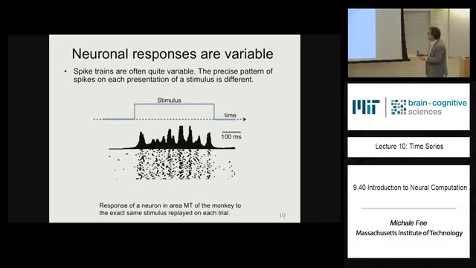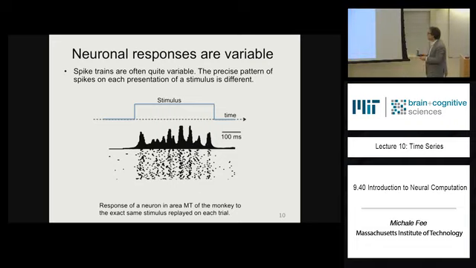If you average across all of those rows, you can see that there is some repeatable structure. So the neuron tends to spike most often at certain times after the presentation of this stimulus. But each time the stimulus is presented, the spikes don't occur in exactly the same place.